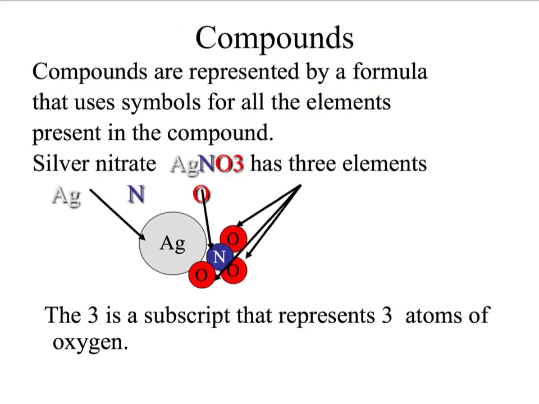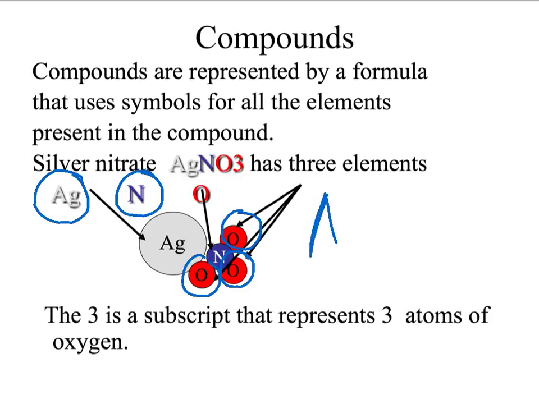Compounds are represented by a formula that uses symbols for all the elements. For example, silver, nitrogen, and oxygen. You have one atom of silver, one of nitrogen, and then you've got 1, 2, 3 oxygen.